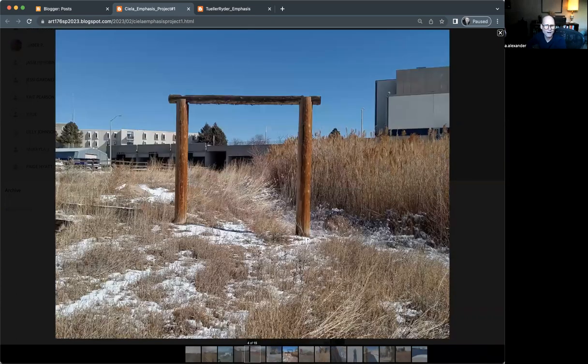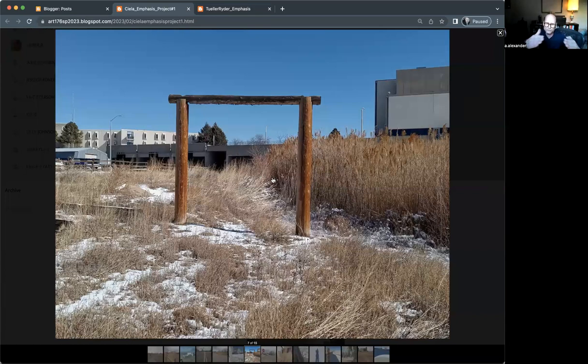Here we have yet another one, albeit much more subtle. The snow is moving in a very specific direction, and it's being picked up also by these. It's more subtle, but you're still using those angles to bring the eye toward the composition.